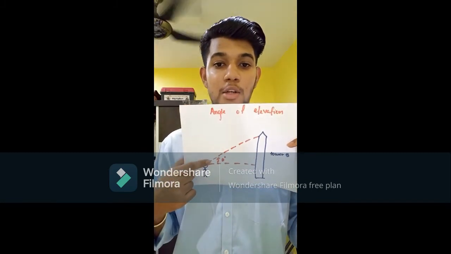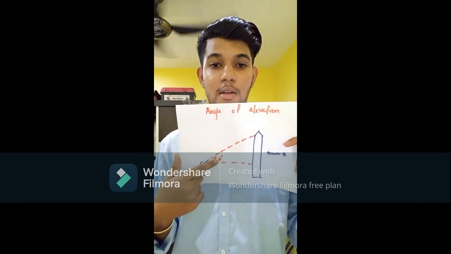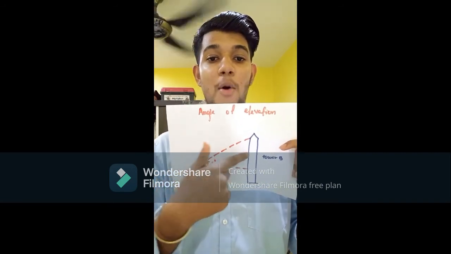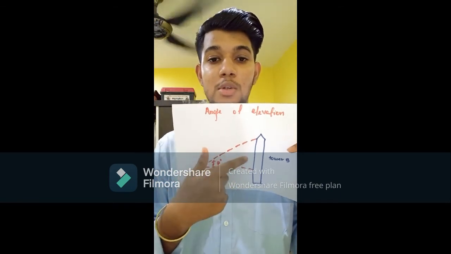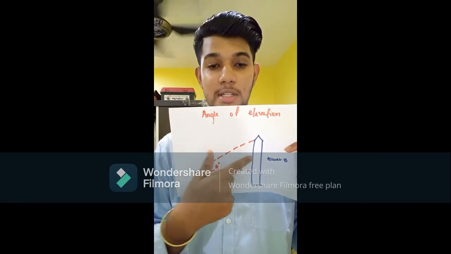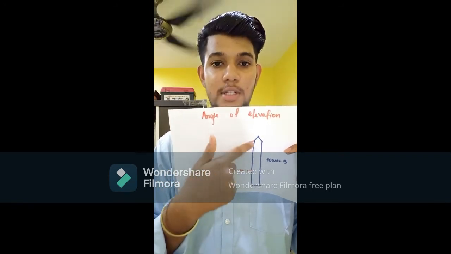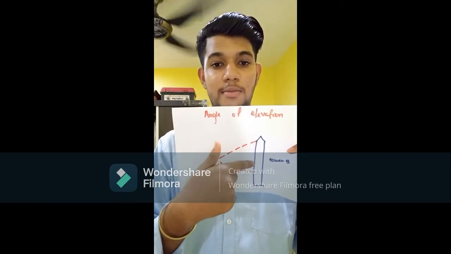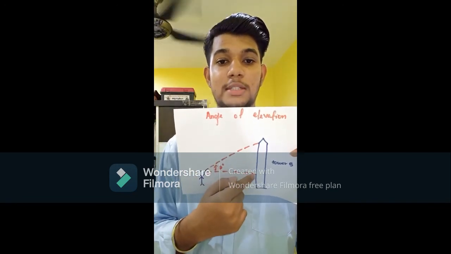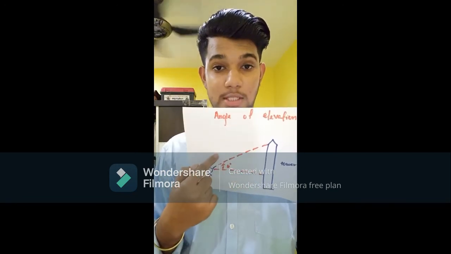For example, to find this angle, we need to know the opposite length of this tower, and also its adjacent and also its hypotenuse.